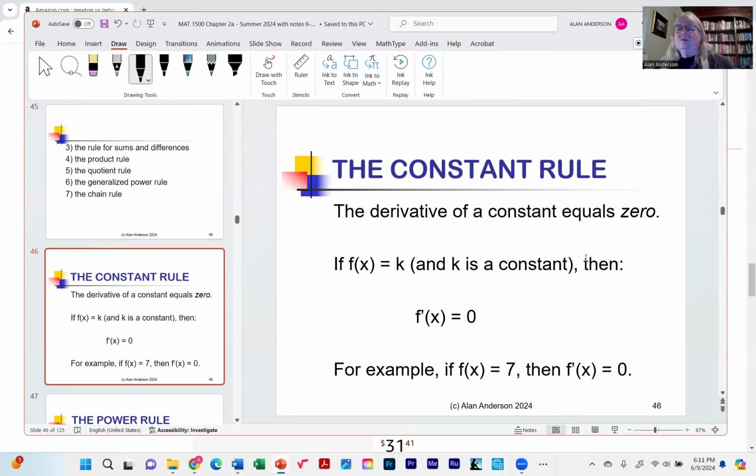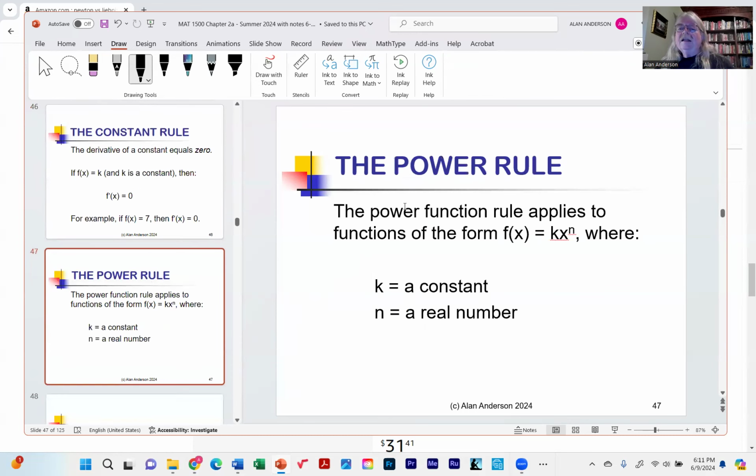Now we have the power rule. We're going to get a lot of mileage out of this one. So imagine you have a function that looks like kx to the n. For example, 3x squared. Okay, this is just a constant.